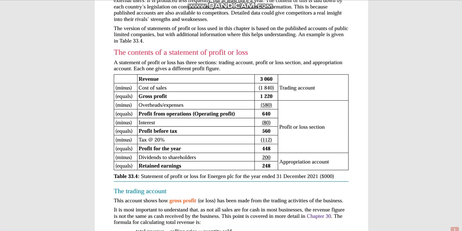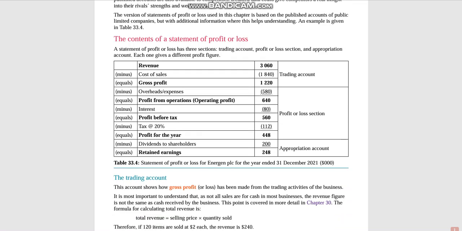And then we look at the profit or loss section, the little niceties, the intricacies of everything in it, right? So you had gross profit 122, right? So now you need operating profit. How do you get operating profit? You subtract the overheads from the gross profit. What are overheads, you ask? Overheads are costs that are not related to production.